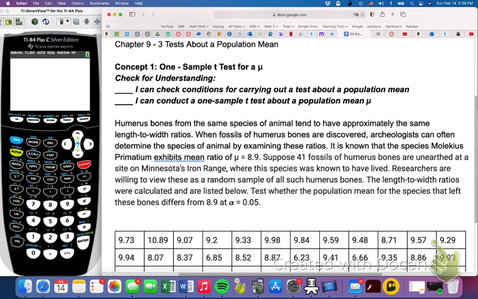Suppose 41 fossils of humerus bones are unearthed at a site on Minnesota's Iron Range where this species was known to have lived. Researchers are willing to view this as a random sample of all such humerus bones. The length to width ratios were calculated and are listed below. Test whether the population mean for the species that left these bones differs from 8.9 at an alpha of 0.05.